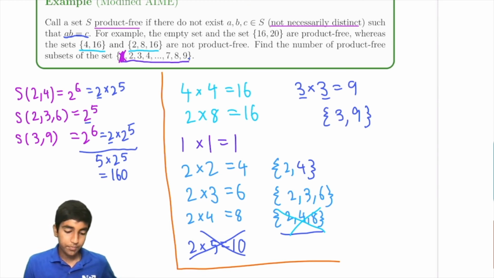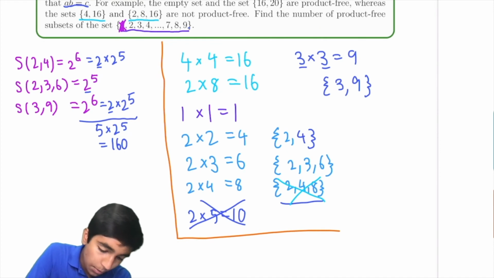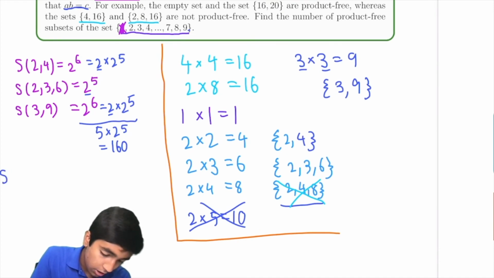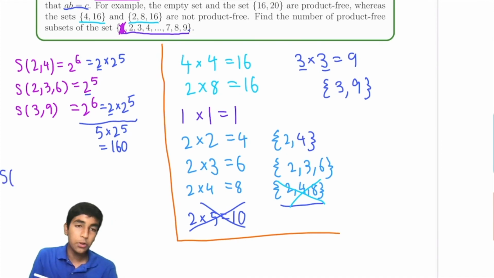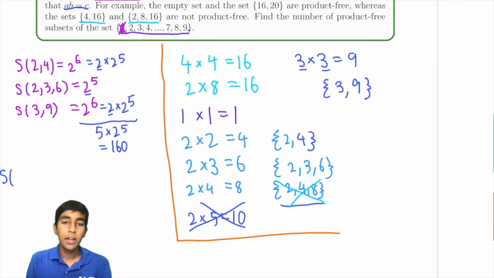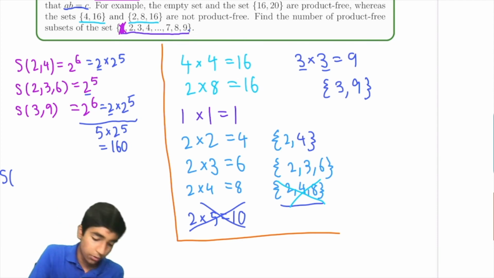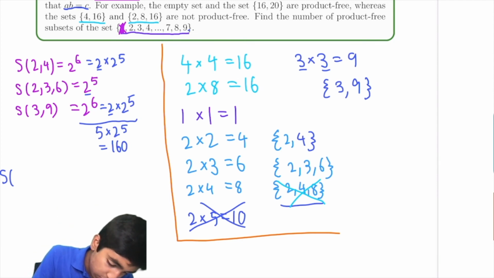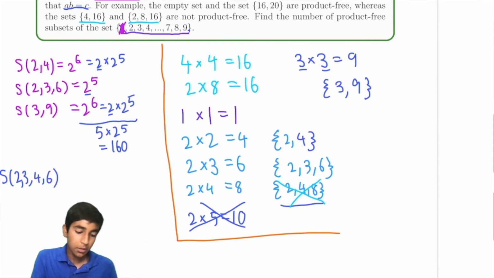Now let's look at how many subsets contain 2, 4 and 2, 3, 6. For a subset to contain both, it has to contain 2, 3, 4, 6, because something that contains all 4 of these elements will contain both 2, 4 and 2, 3, 6 as part of its set.